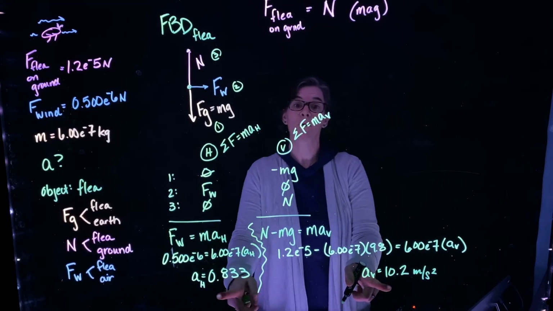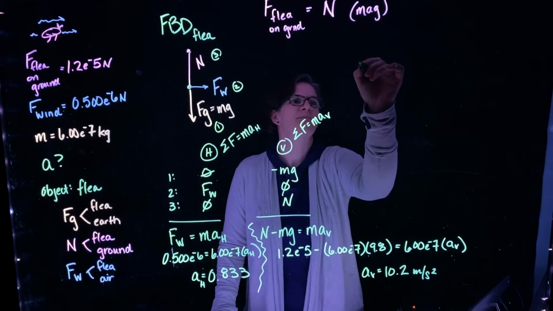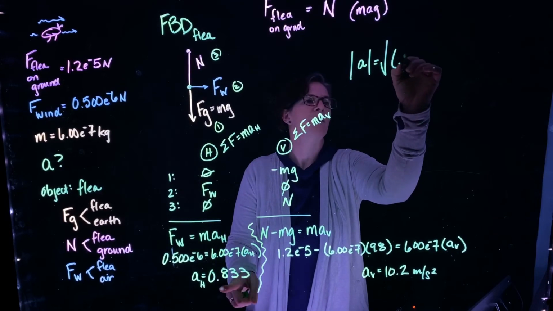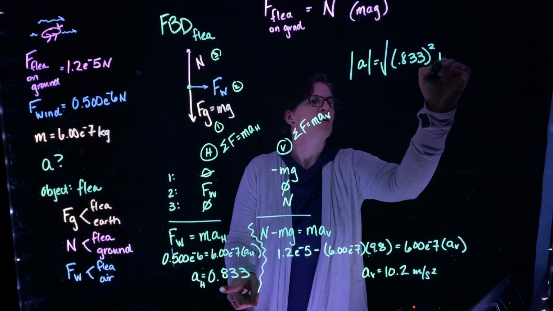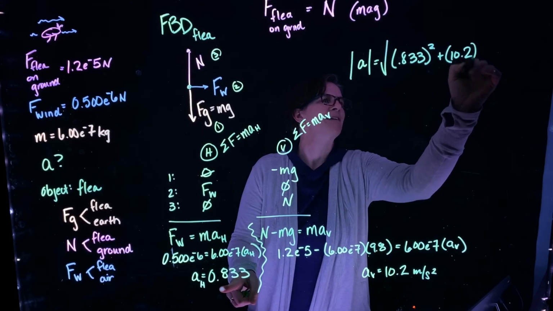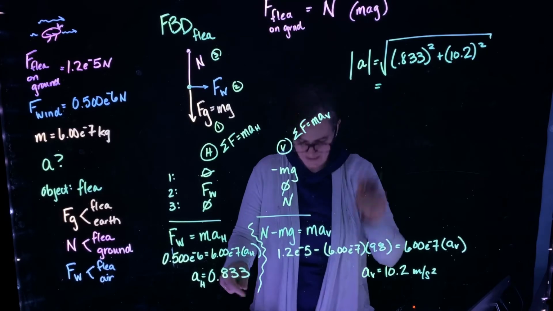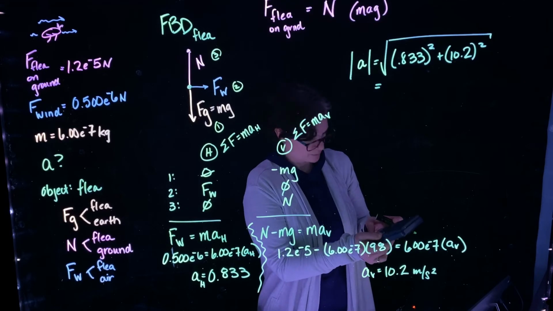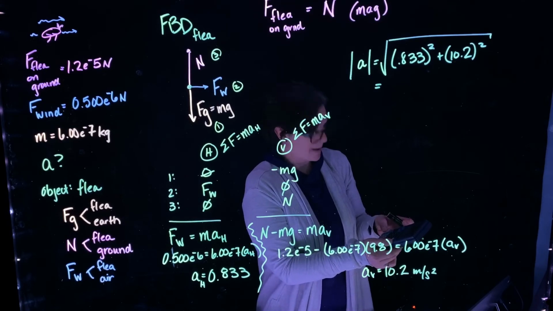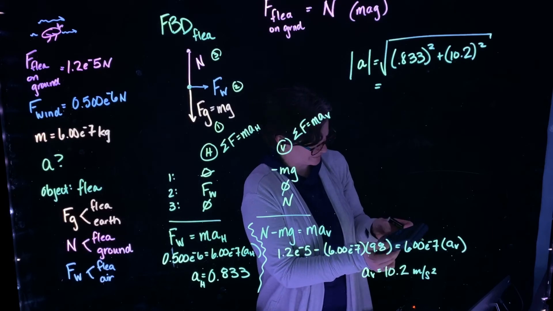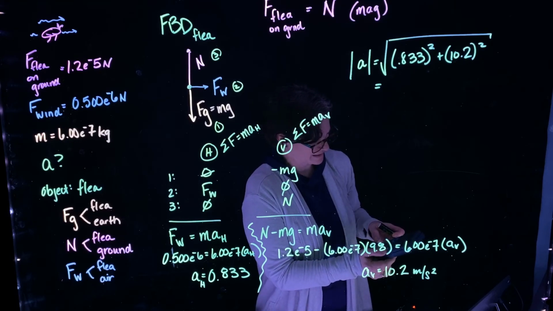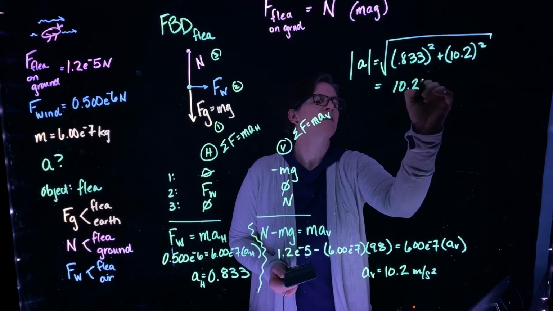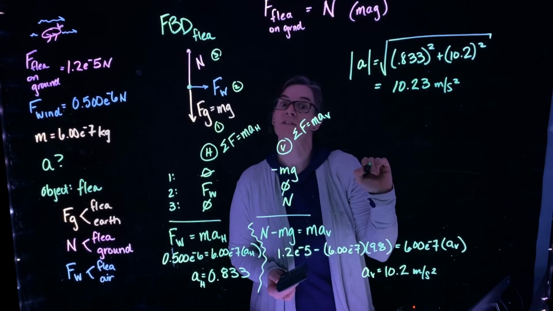So now I have my horizontal component, my vertical component. How do I get the acceleration? Well, the magnitude of that acceleration is going to equal the square root of 0.833 squared plus 10.2 squared. And that gives me 10.23 meters per second squared, but I need to know the direction.